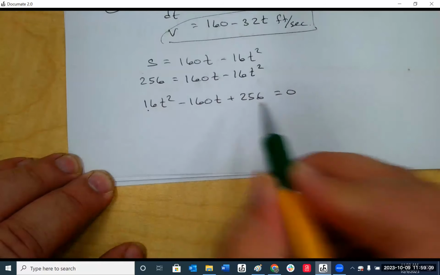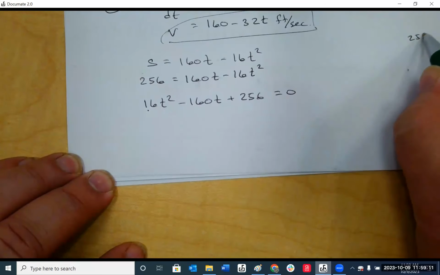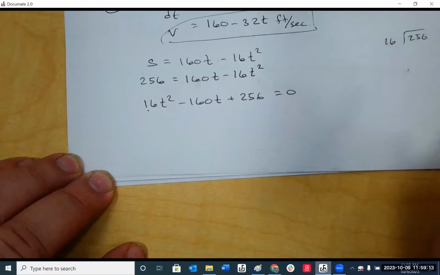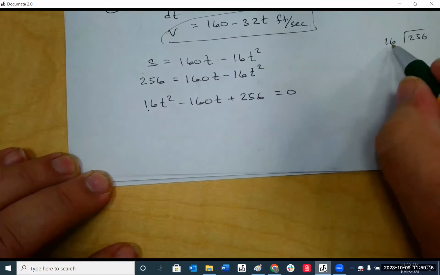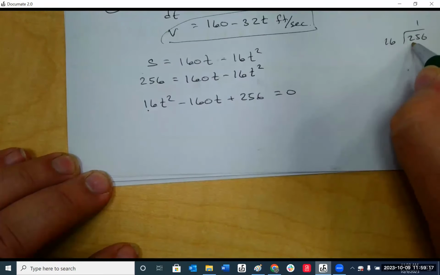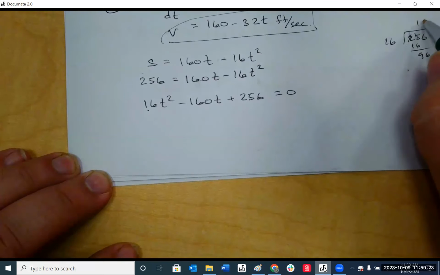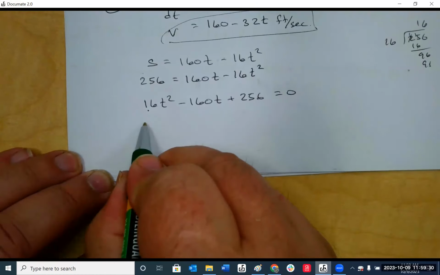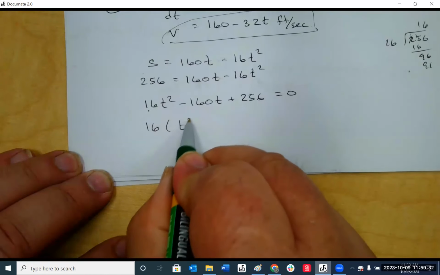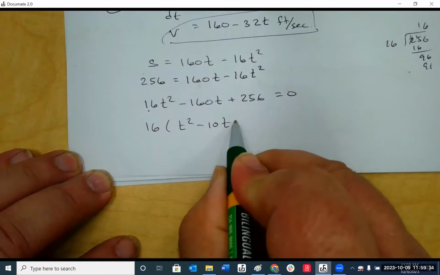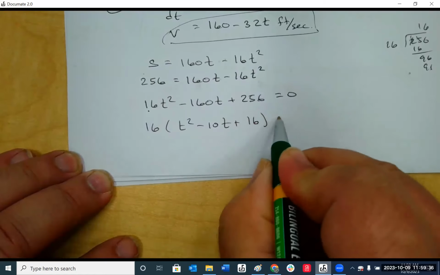So we can factor out a 16. We have t squared minus 10t plus 16.